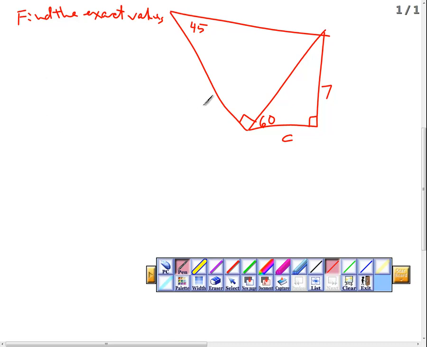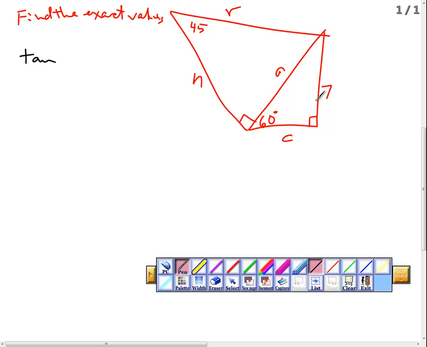Okay, so those are the parts that were given, but we want to find side C, side A, side N, and R. Well, here we can find side C by using tangent.